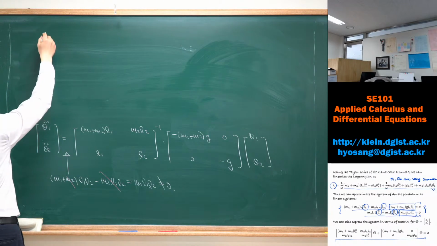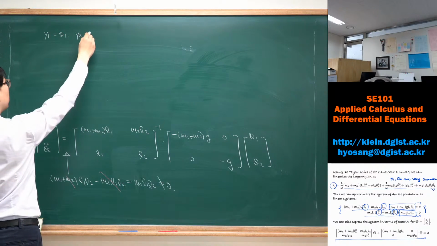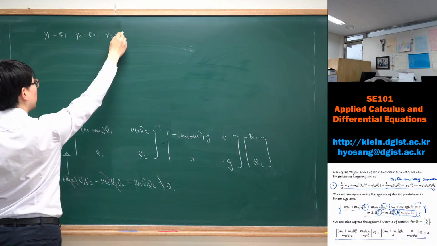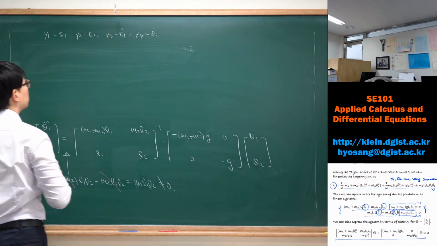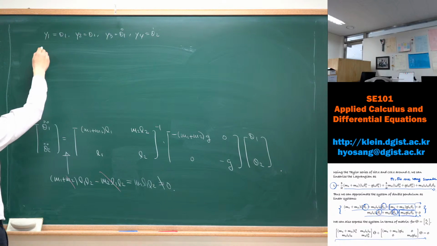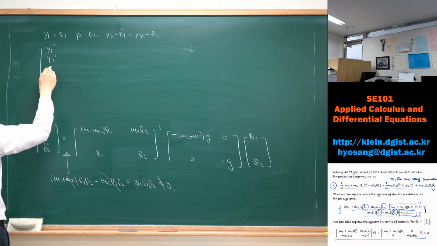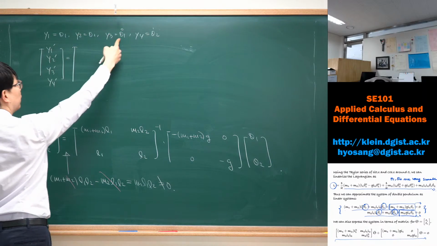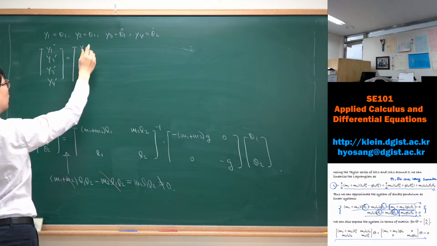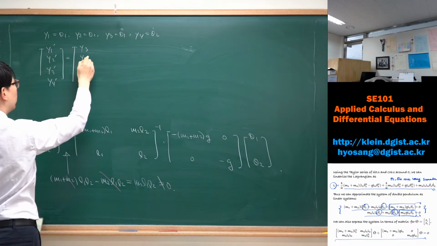So let's say y1 equals zeta 1, y2 is zeta 2, y3 is zeta 1 dot, and y4 is zeta 2 dot. Then y1 prime, y2 prime, y3 prime, y4 prime equals: this is zeta 1 prime, but zeta 1 prime is y3, and y2 prime is zeta 2 prime, but that's y4.